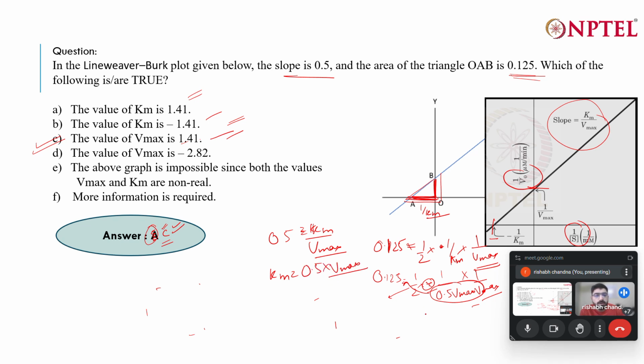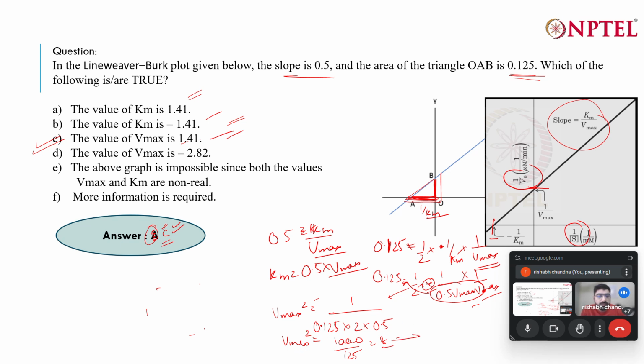Now Vmax square is equal to 1 upon 0.125 into 2 into 0.5. Right. Now Vmax square is 1000 by 125, that equals 8.